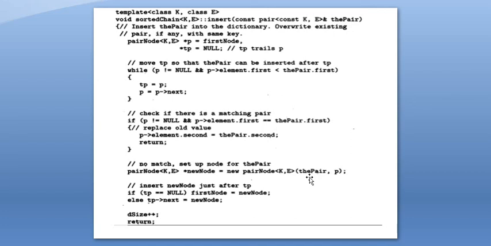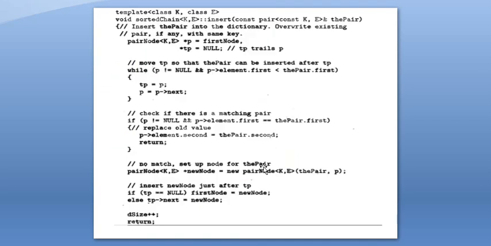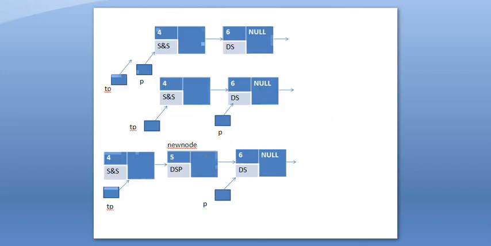So what basically this does is, it creates a new node with two pieces of information, that is pair dot first and pair dot second. This is for key and this is for value, and also it will ensure that this particular node will be connected to where p connects. Where the p pointer is connecting, there this newly created node will get connected. So you have created a node now, and this is connected to where p is connected.